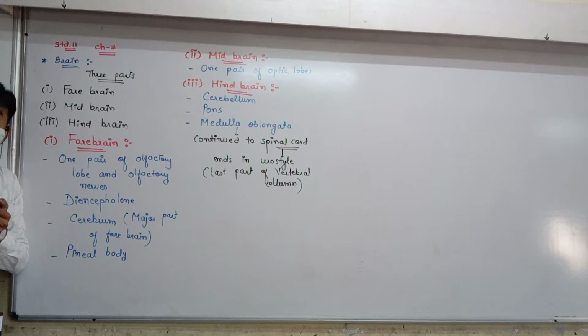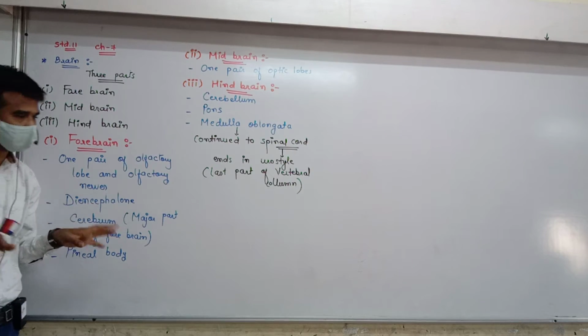What is corpus callosum? Related to blood pigment. And do you know grey matter and white matter in the brain? Yes. Okay.